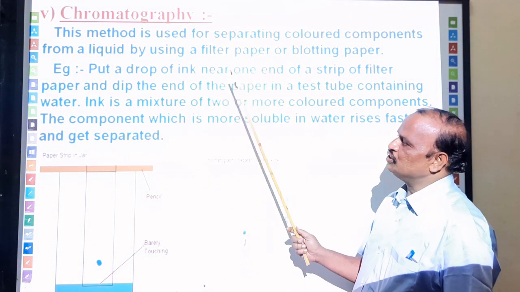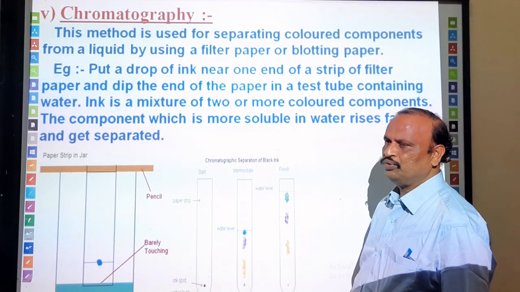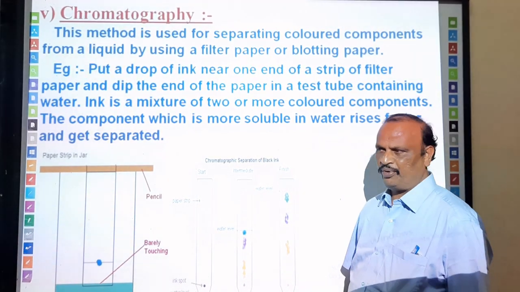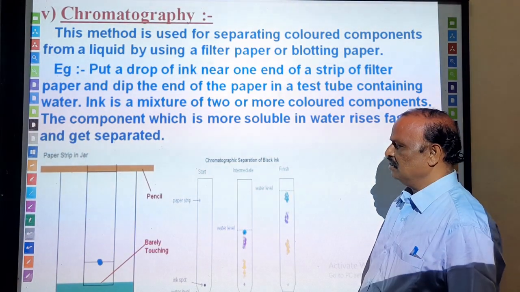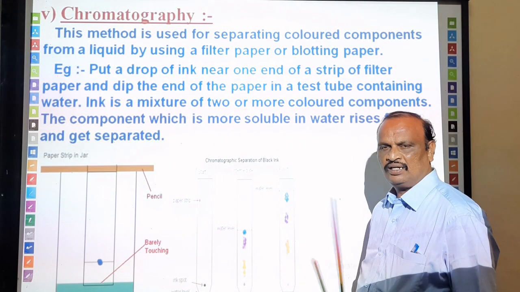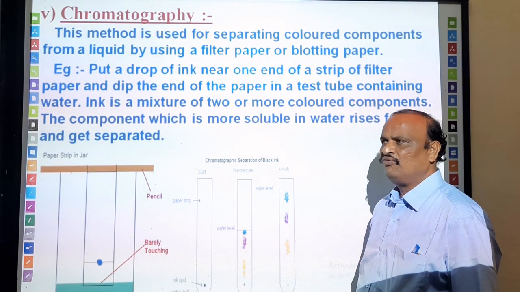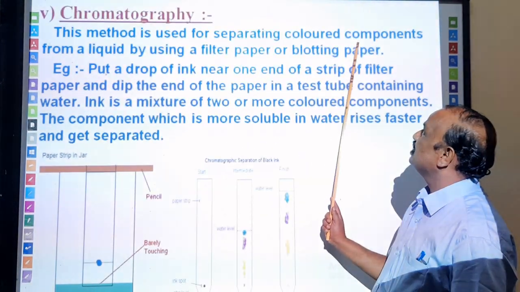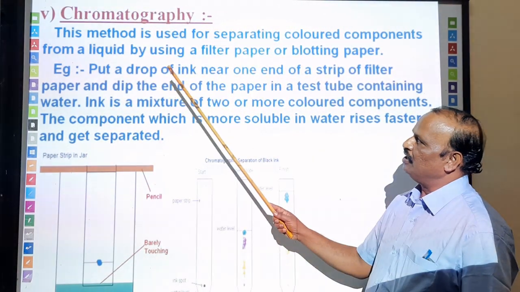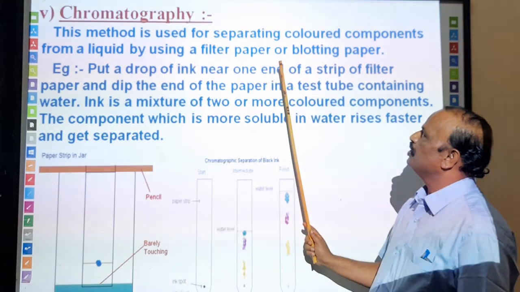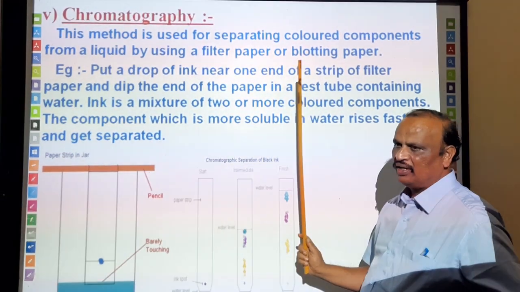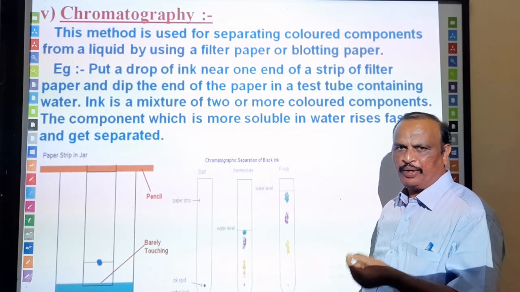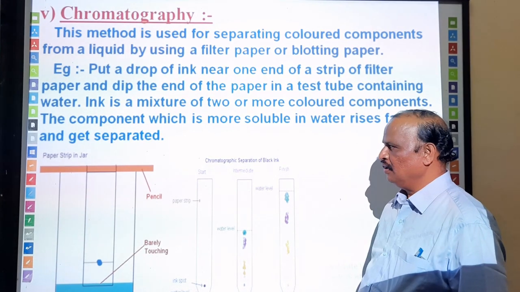This method helps us separate components which are colored, and nowadays this method is also useful for colorless substances. It is used for separating colored components from a liquid using filter paper, blotting paper, or chromatographic paper.